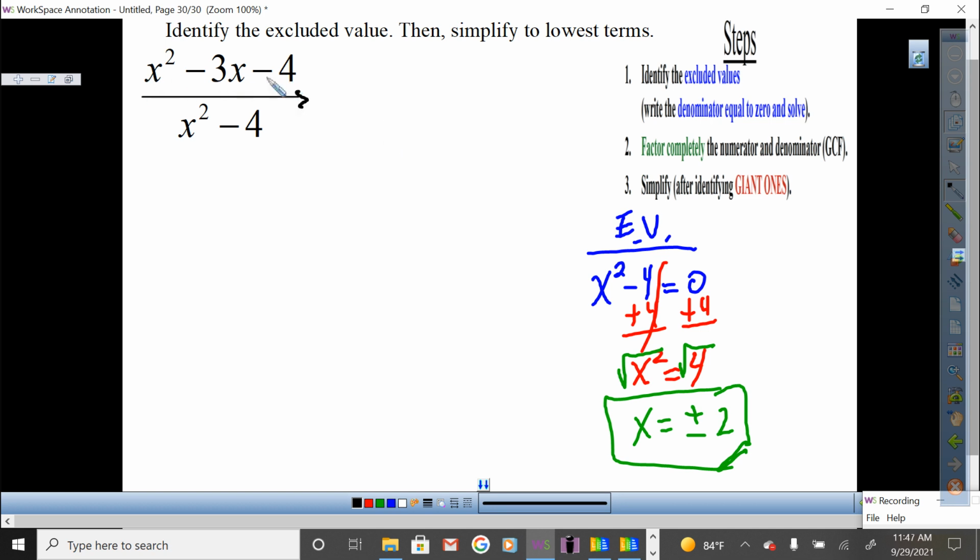Okay. Can we factor this one? Yeah, what do I use? Negative 4 goes on top. Negative 3 on the bottom. What factors of negative 4 add to give us negative 3? Tell your neighbor, what factors of negative 4, if you add them, give us negative 3?